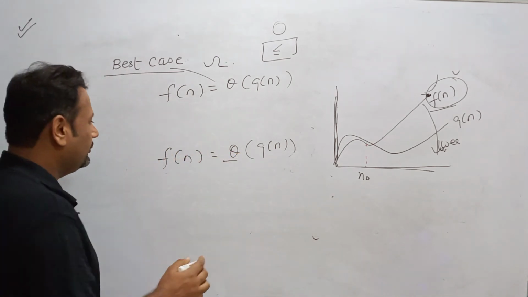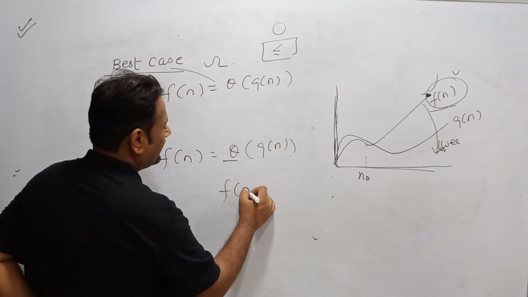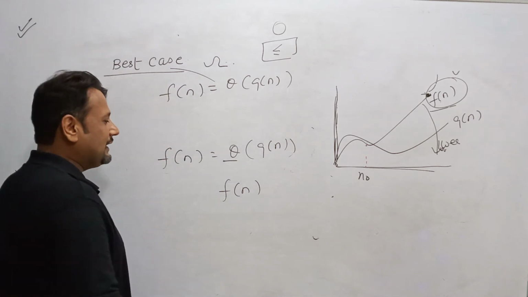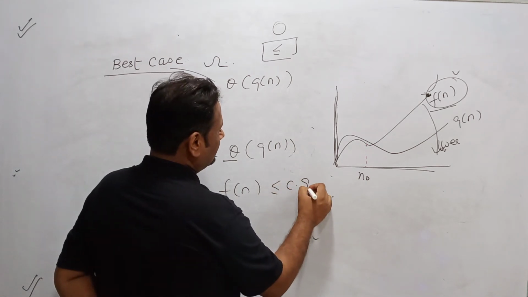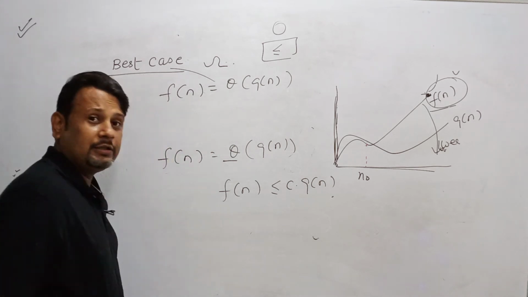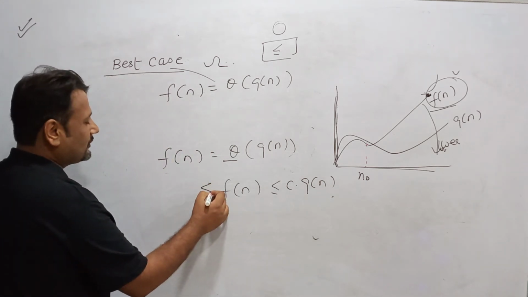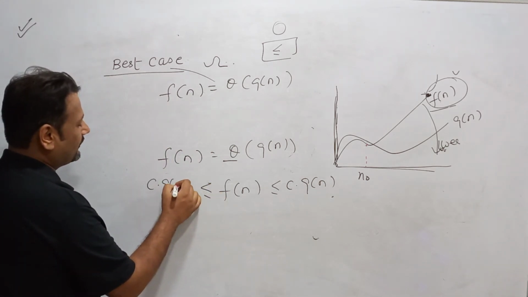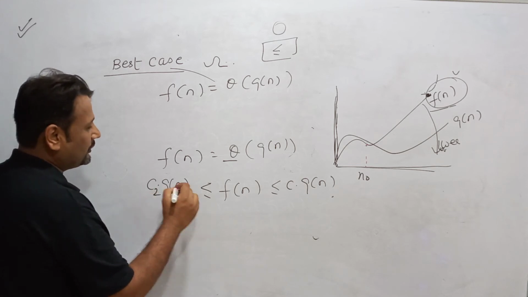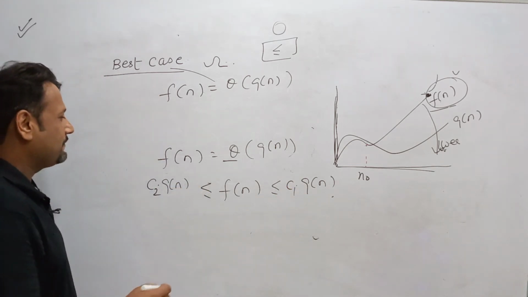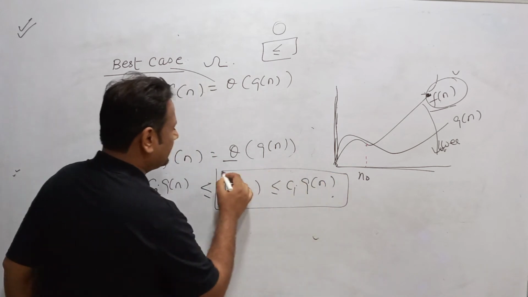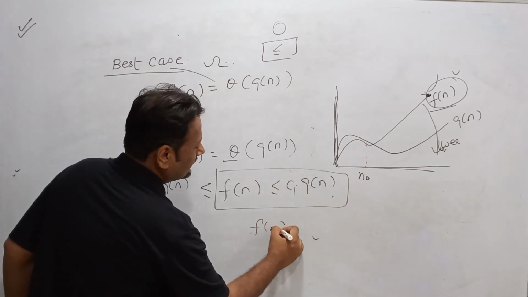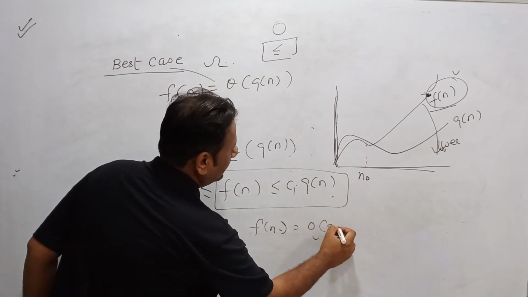This is true if we can write: what is big O? Big O means less than or equal to c into g of n. What is omega? f(n) is always going to be higher than c into g of n. So let me take c2 here, c1 here. That means if I can prove this, f(n) is equal to big O g of n.